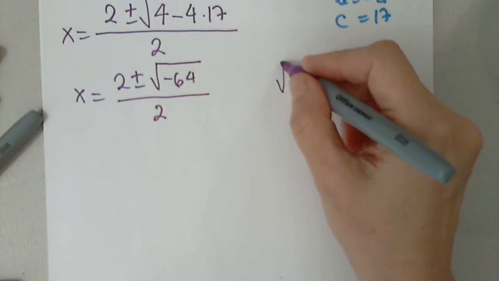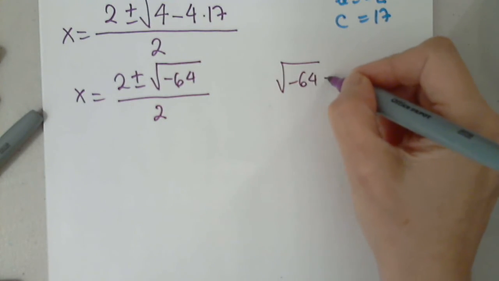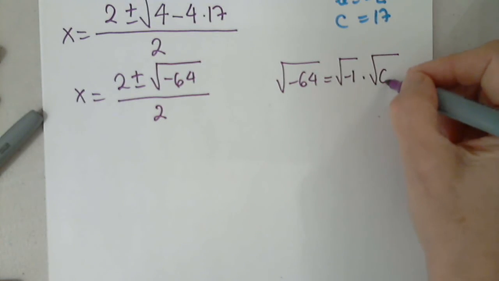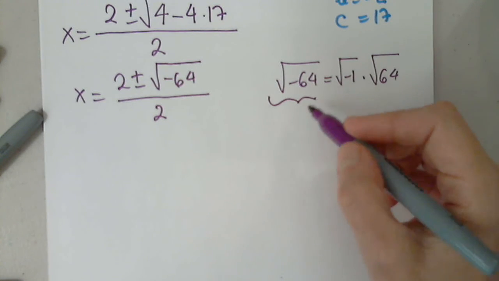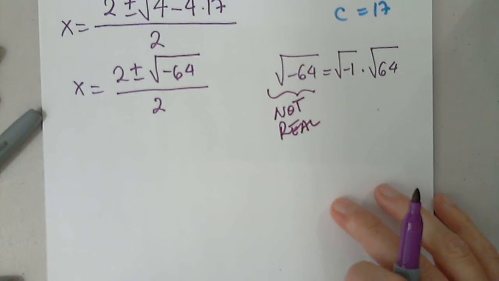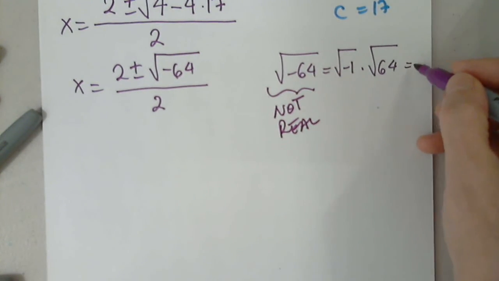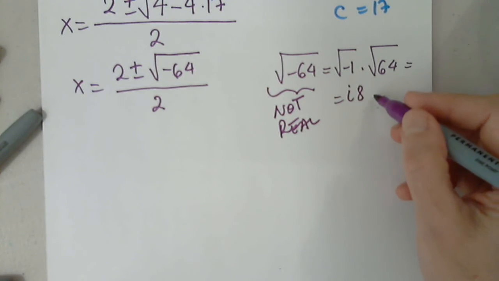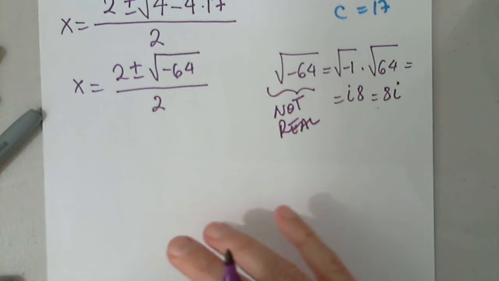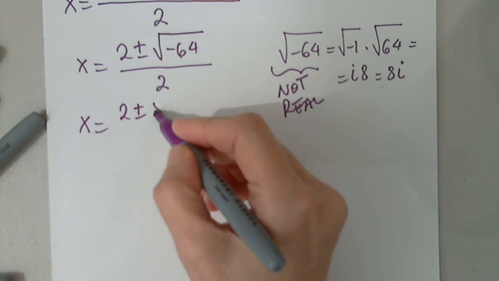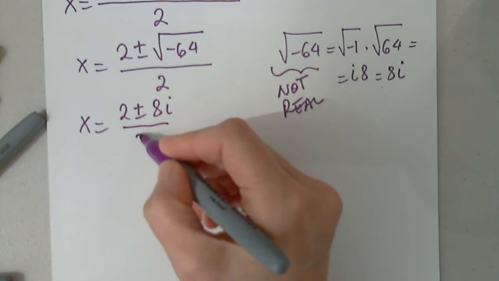Let's take this on the side. Negative 64 is the same as, as we discussed, negative 1 times the square root of 64, because we know that this is not real. Well, the square root of negative 1, we know this is i. We know that the square root of 64 is 8, so I'm going to write 8i. So x equals 2 plus or minus 8i divided by 2.